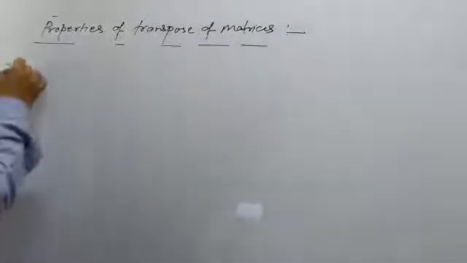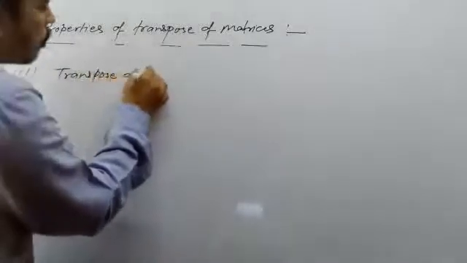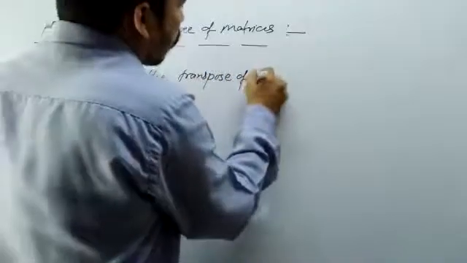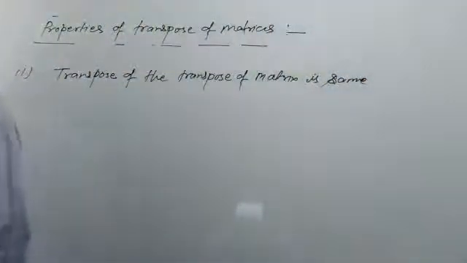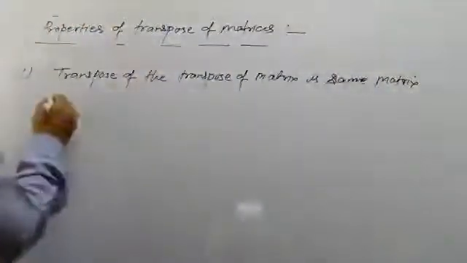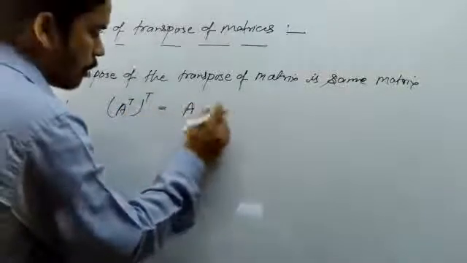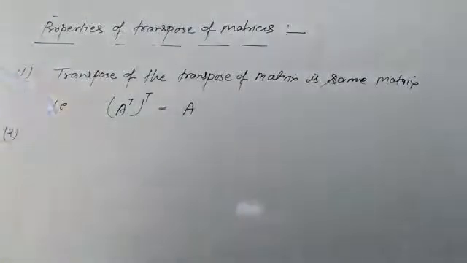So the first property: the transpose of the transpose of a matrix is always the same matrix. So this is the first property.